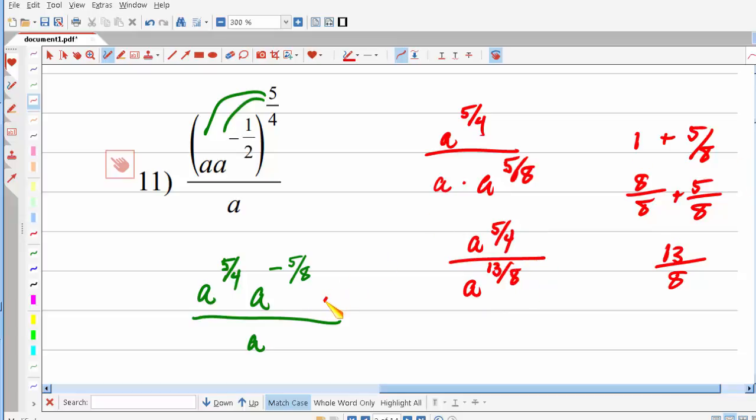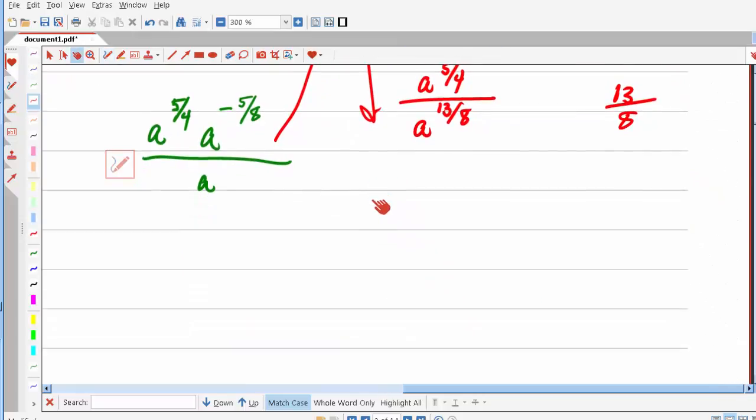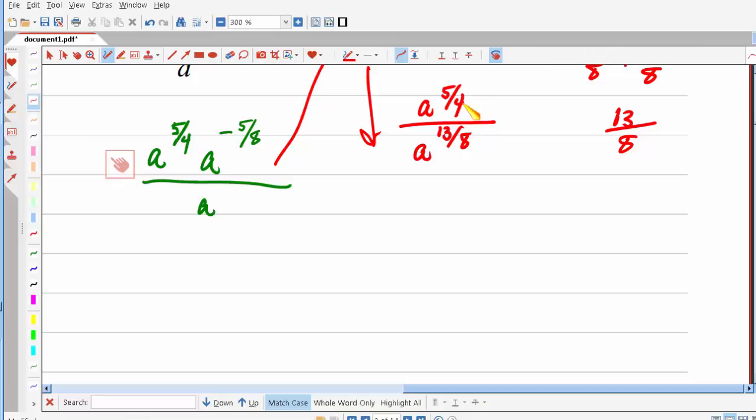And now I'm going to, let's see, use the quotient rule and do 5/4 minus 13/8. So 5/4 minus 13/8, I need a common denominator, and it's going to be 8. So I multiply that by 2 over 2.